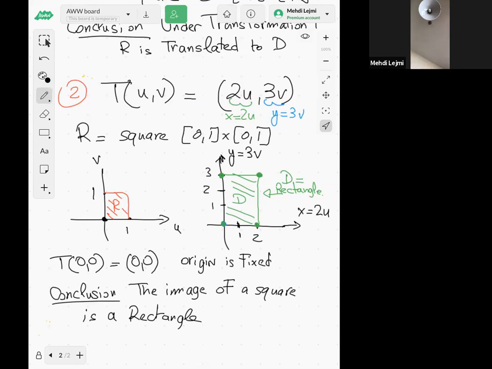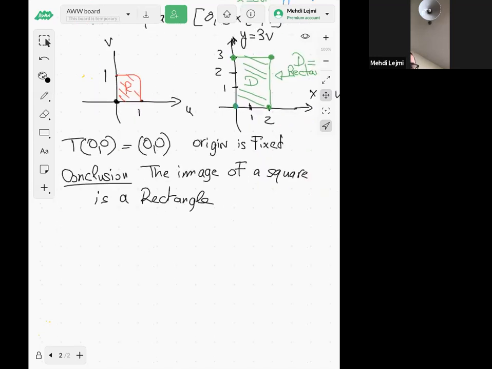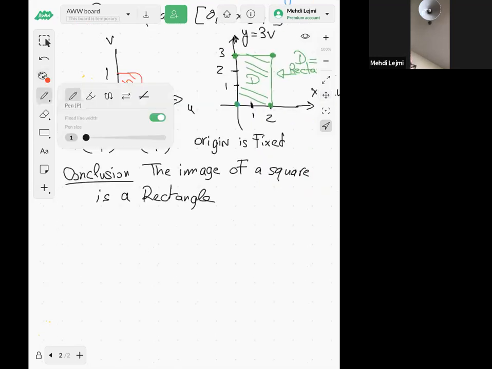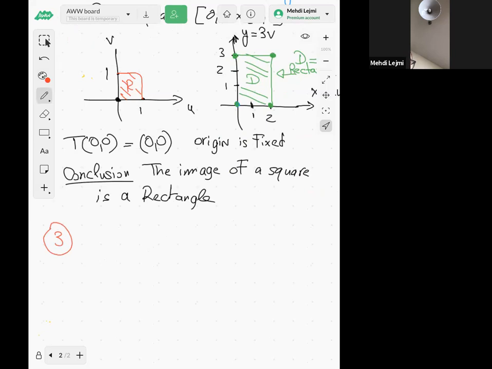Now, you can compose the first example with this example. If you take the composition of these two transformations, that will be my third example. So in this third example, my T of (u, v) is equal to: I'm going to stretch by 2, so I multiply u by 2, and then I shift by 1, so plus 1. Do the same for v: stretch by 3, and then shift by 2.